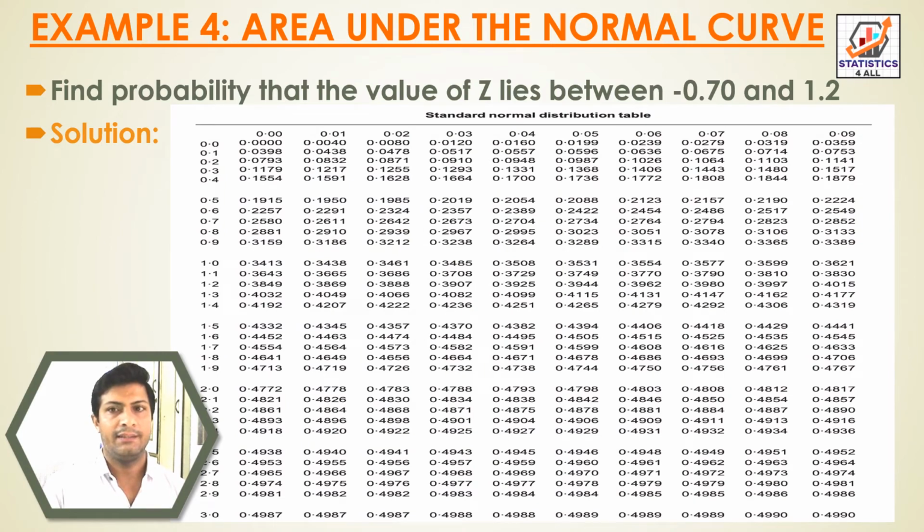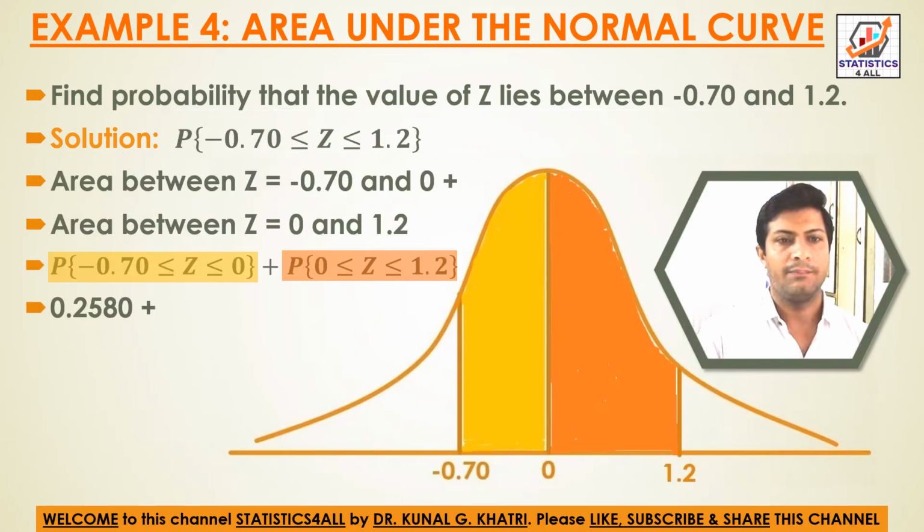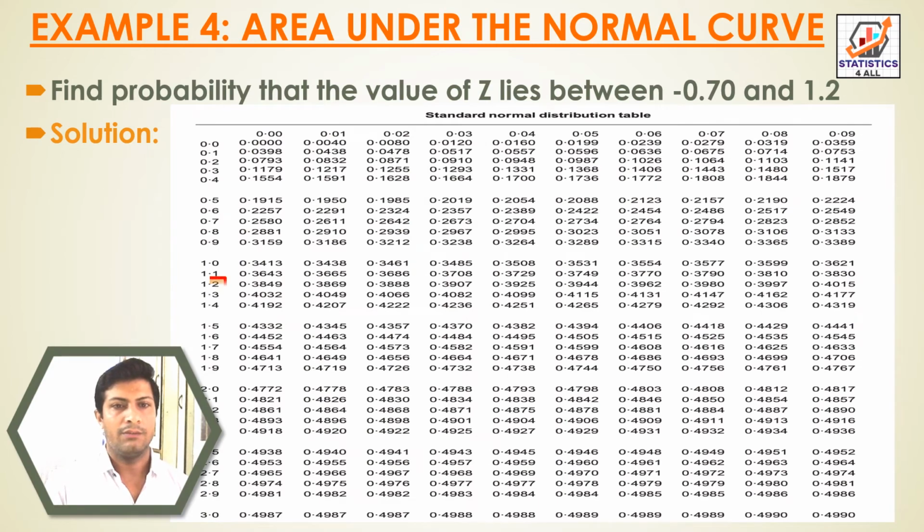So first of all, find the value for 0.70. We get the value 0.2580 from the standard normal distribution table. So the yellow shaded area between minus 0.70 and 0 is 0.2580, plus now for 1.2 we get the value 0.3849.